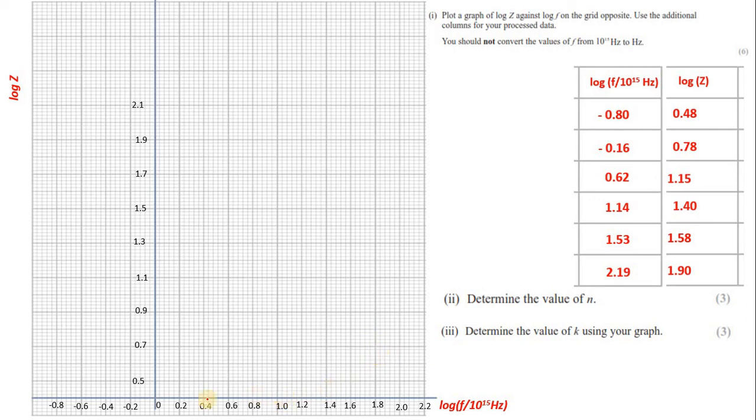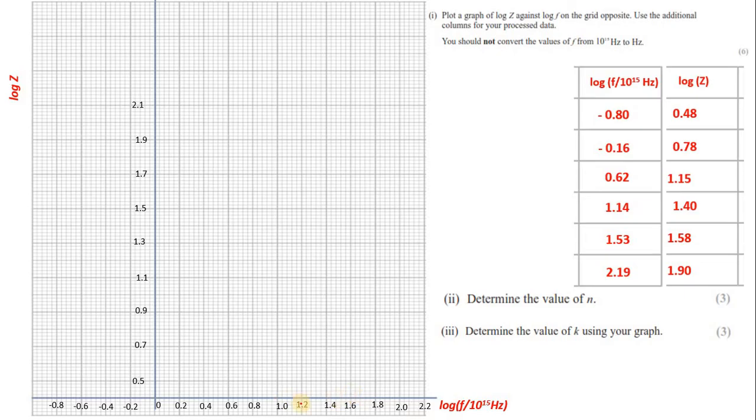On the x-axis I took 5 boxes equal to 0.2, and on the y-axis I took 10 boxes equal to 0.2, or 5 boxes is equal to 0.1.